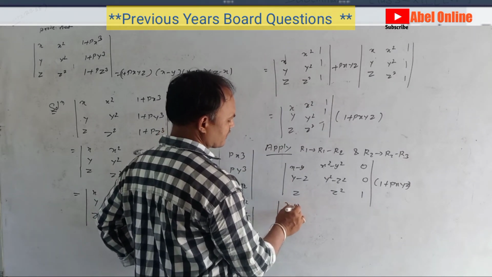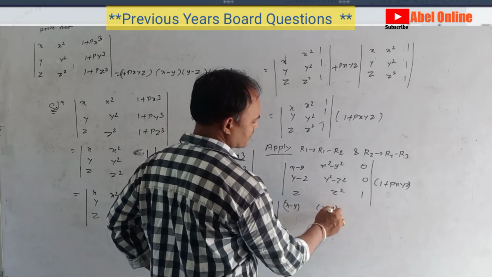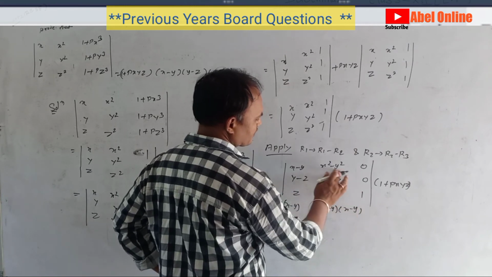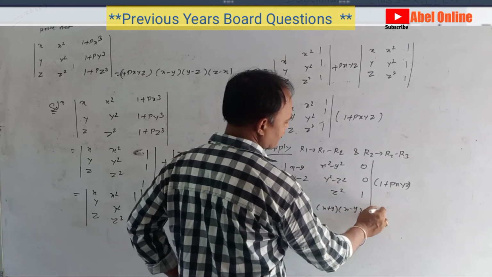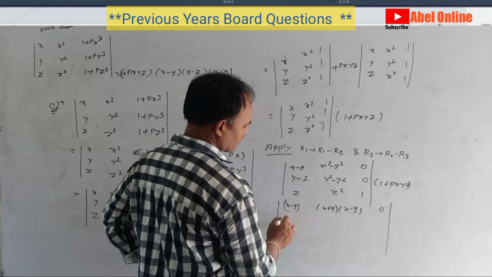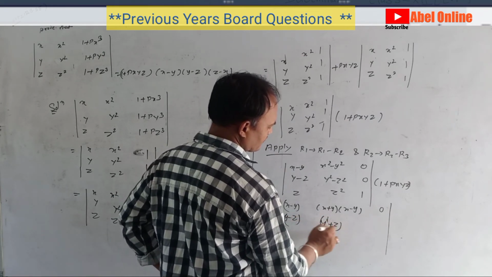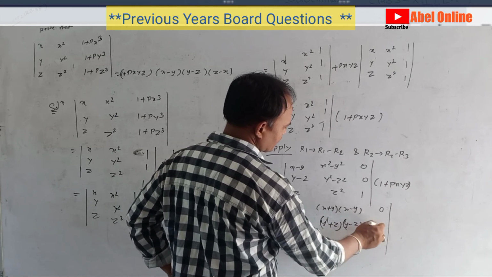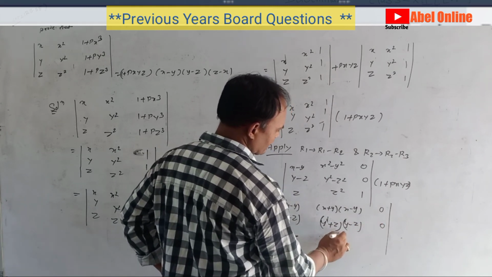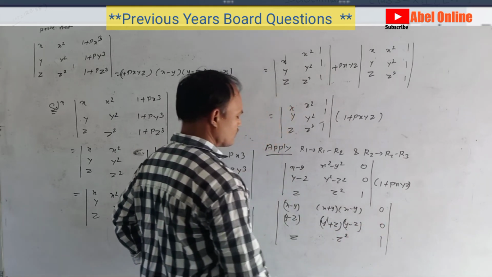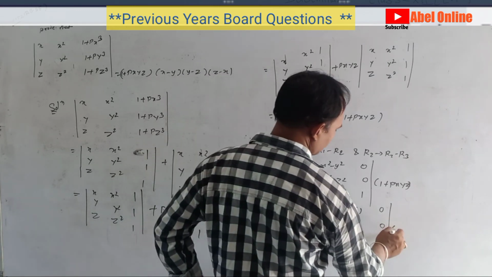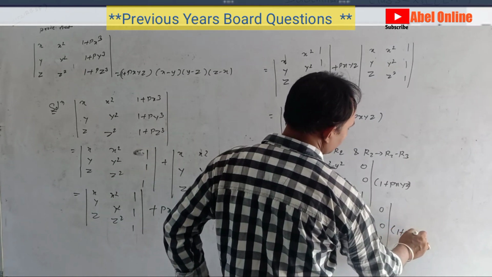Here it is x minus y, x plus y and x minus y, using the formula a square minus b square. Similarly y minus z, y plus z and y minus z, 0; then z, z square, 1. Now it is 1 plus p x y z.